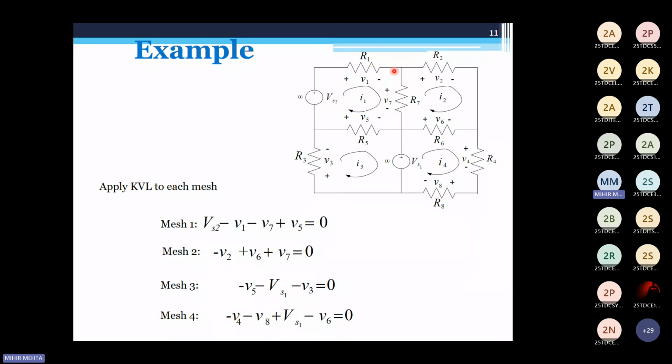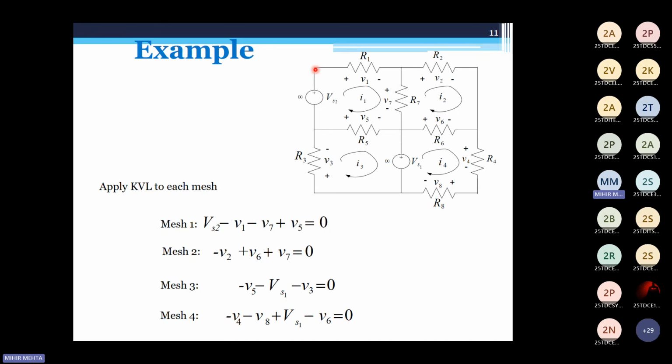First, we'll talk about mesh 1, which has the current I1 flowing through it. Starting from the top left corner, there is no compulsion that you need to start from there, but it is usually advisable. I'm going in the direction of my mesh, which is the clockwise direction.